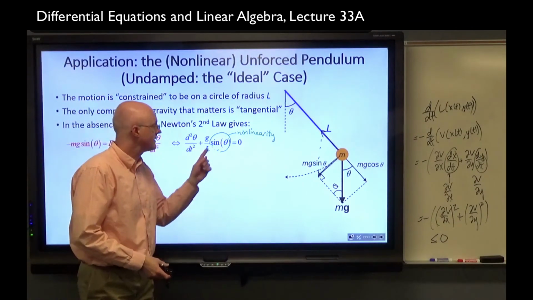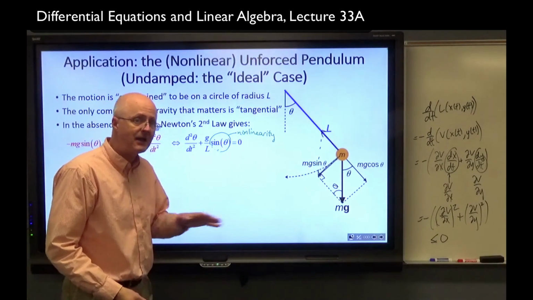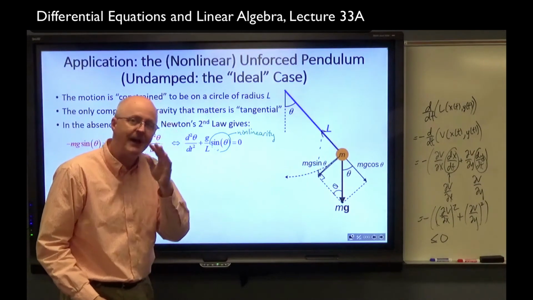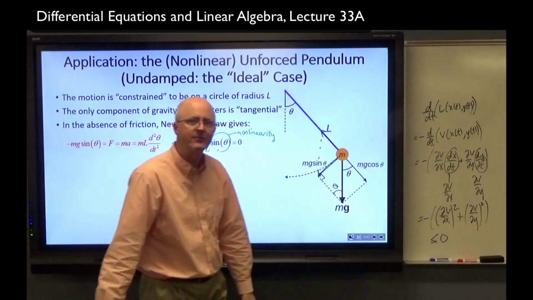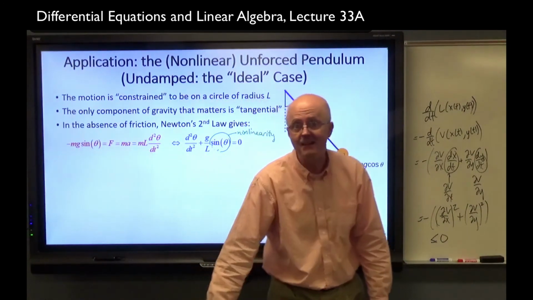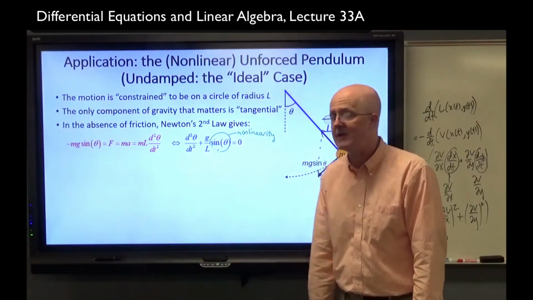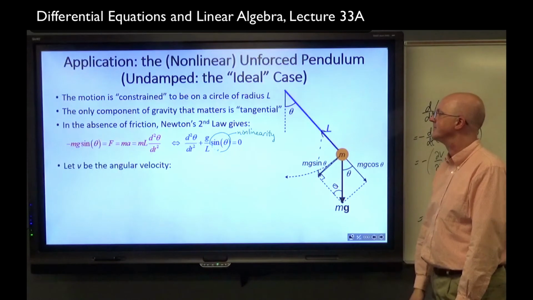By the way, when theta is close to 0, sine of theta is approximately equal to theta. So this second order nonlinear equation can be approximated by a linear equation as long as theta is small. If the angle is small, the pendulum does act like a harmonic oscillator actually, but when the angle gets bigger, then strange things can happen because of that nonlinearity.